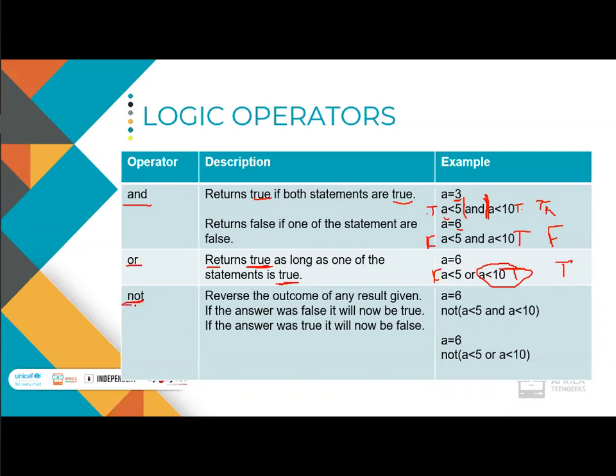Next, I spoke about the NOT operator. NOT operator reverses the outcome, meaning if the outcome was supposed to be true, it'll give us a false answer. If our answer was supposed to be false, it'll give us a true answer. So let's look at it. A equal to 6. Is A less than 5? False. It's not. Is A less than 10? True. That's correct.